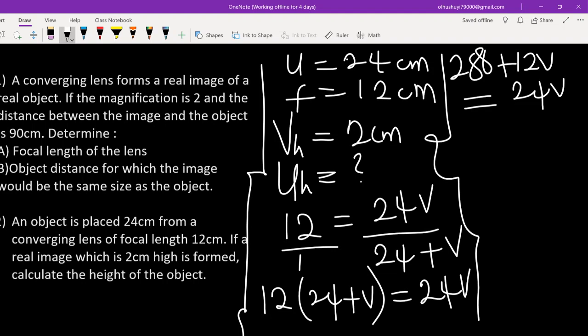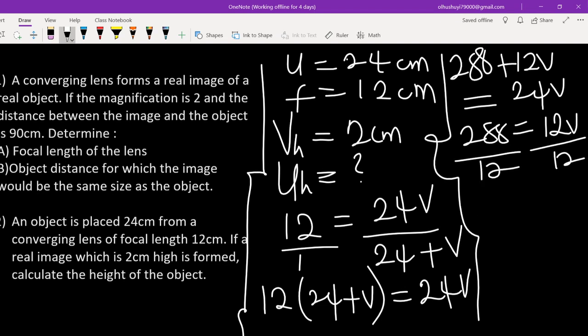That implies that 288 is equal to 12V, as you collect like terms. Divide both sides by 12. Then V is equal to 288 divided by 12. Please punch your calculator, and that becomes 24. So our image distance is 24 centimeter.